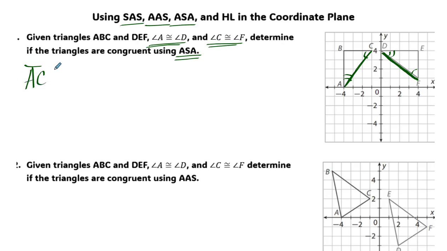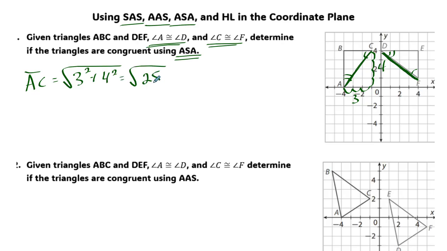So we're going to find AC first. And here I'm just going to count over 1, 2, 3 spots. Oh, I didn't mean to write the congruency symbol there. So it's over 3, and then up 1, 2, 3, 4. 3 squared plus 4 squared, that's 25.